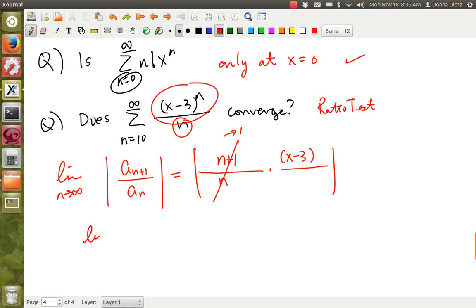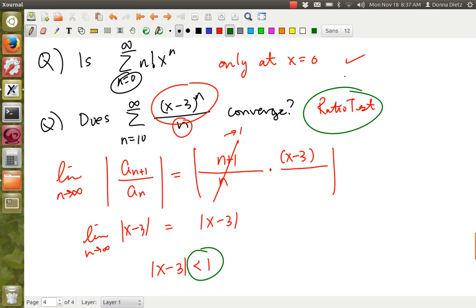And so limit as n goes to infinity of x minus 3 with absolute value signs is still just x minus 3. And so we know this guy, because of the fact that we're using the ratio test, this less than 1, this piece and this whole structure, it came from the ratio test. That's why we're using it.